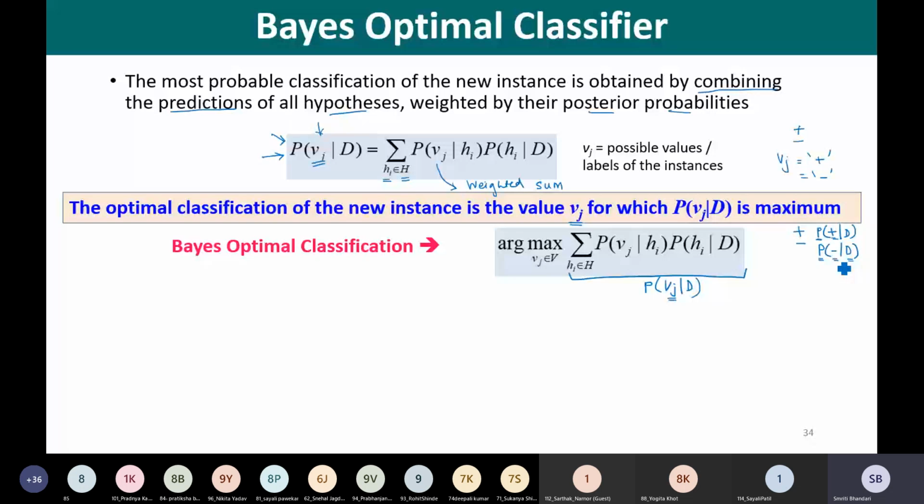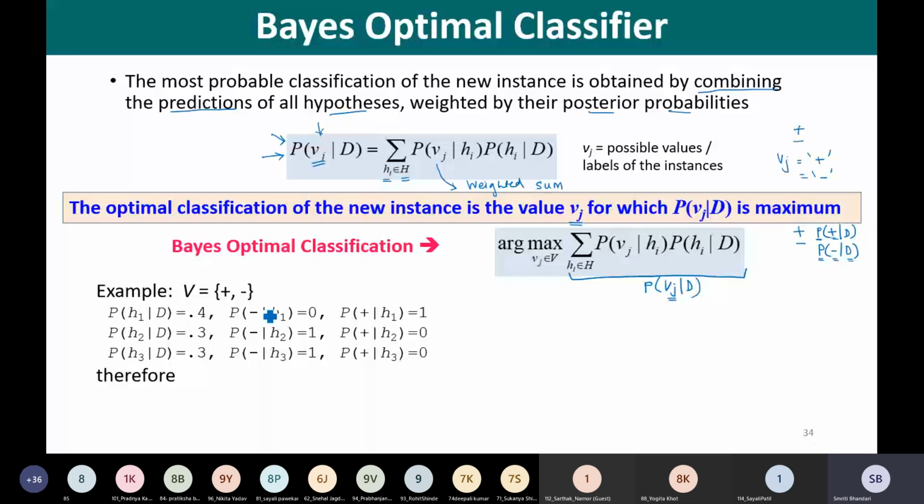So let me give you one example. Suppose our set V has two classes, positive and negative, right? So this is my V1 and this is my V2. So we have two possible class labels, positive and negative, and these two class labels comprise this set V. Let us assume that we have three hypotheses, H1, H2 and H3.